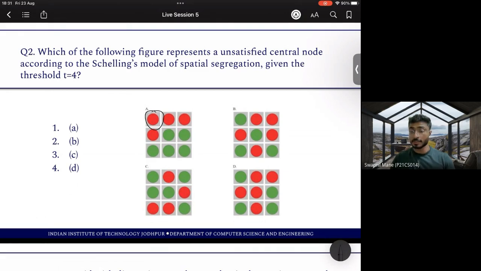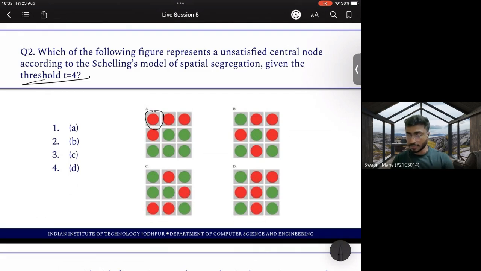So in this scenario you might have one question: how much similarity do we want to consider, how similar the node's neighbors need to be? Here you can see that a threshold has been given, t is equal to 4, right? So here four figures have been given.